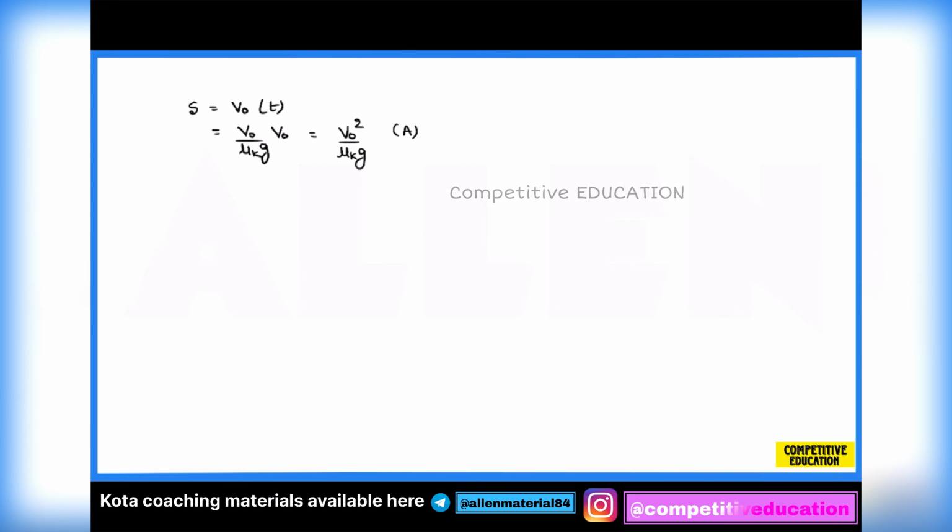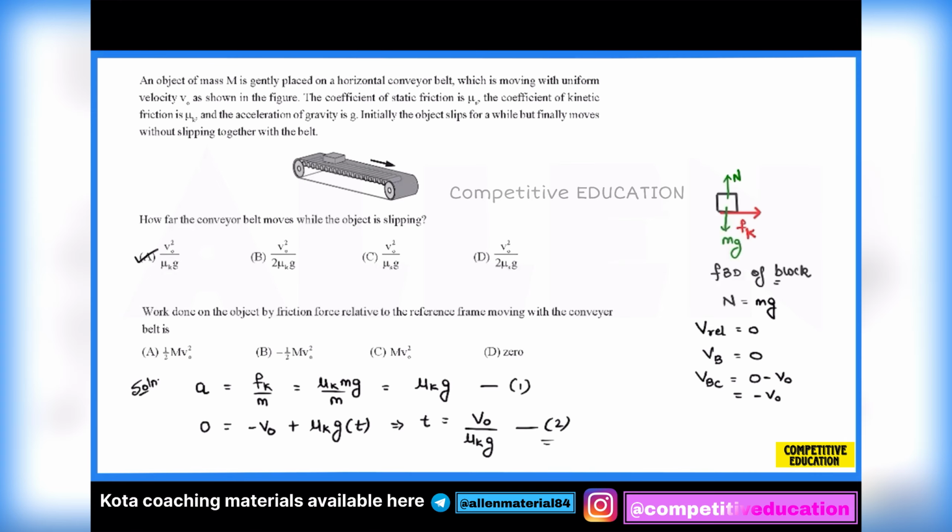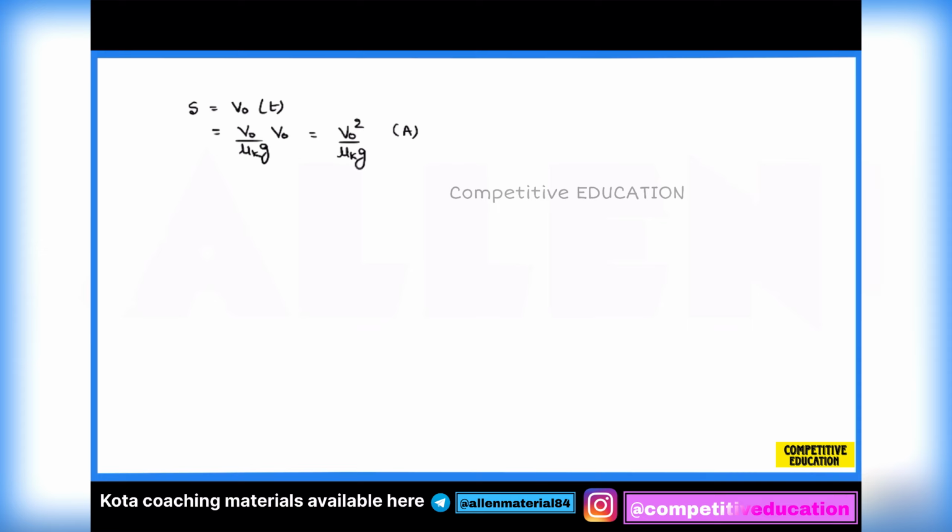Okay. Now in the second question, what it is saying: the work done on the object by friction force relative to the reference frame moving with the conveyor belt is, means in the frame of this conveyor belt we have to find the work done by the friction force. So let's see what I can write. I can write the change in kinetic energy with respect to conveyor belt will be equal to work done by normal plus work done by gravity plus work done by friction.